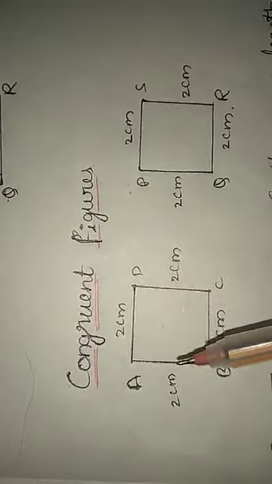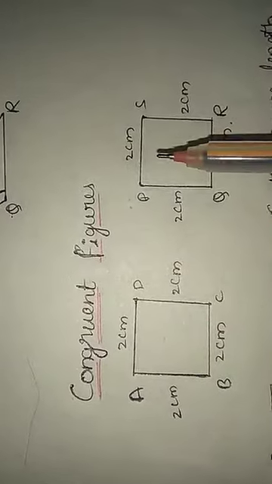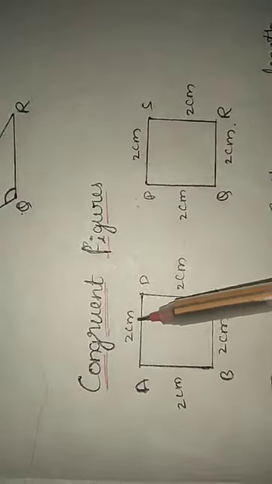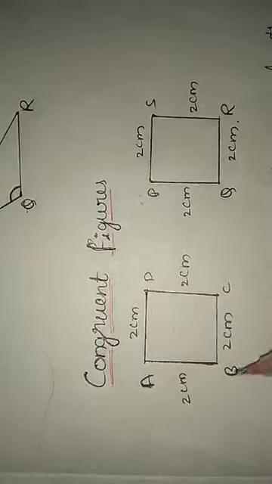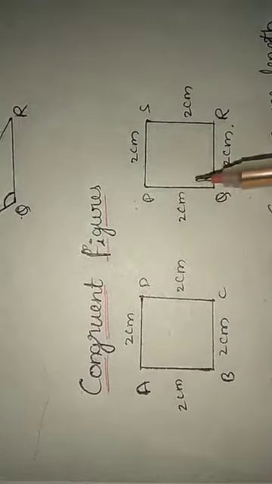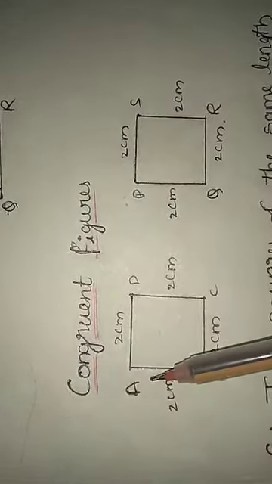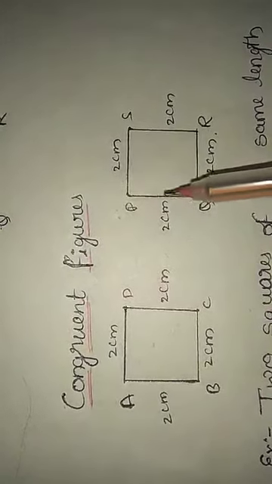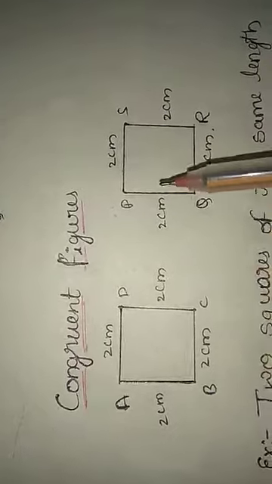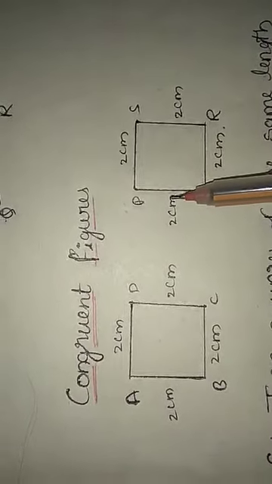The shape is the same, and the size is 2 centimeters each side. Then I can say squares ABCD and PQRS are congruent figures.